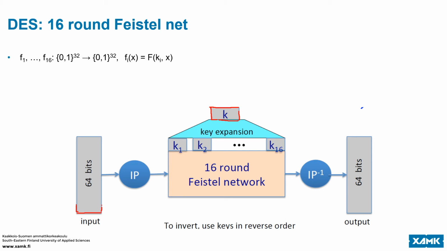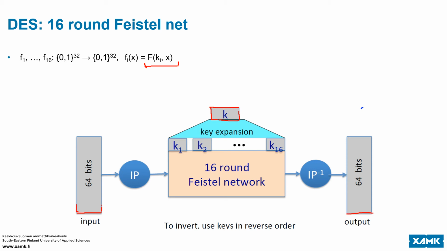So in this 16-round Feistel net, the individual Feistel functions work as parts of the cipher. Each Feistel function takes as a parameter one round key and some input X. As a result, there should be exactly 64 bits of output.